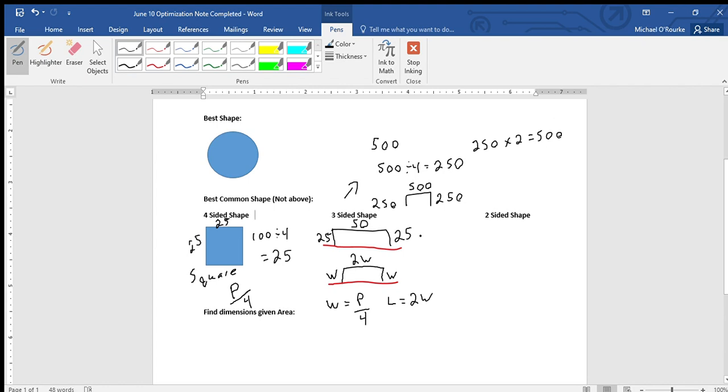Lastly, what if we put it in a corner with our house? So if we have this, we have our house like this. So a 2-sided shape. So if we had a 2-sided shape, I have something like this.